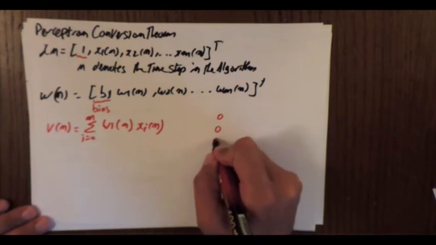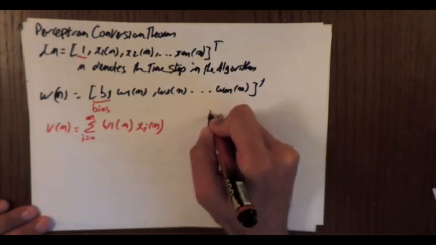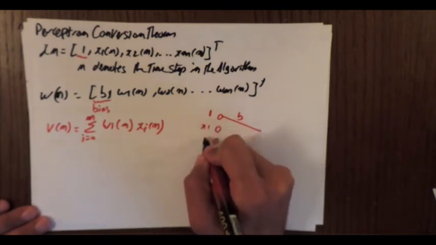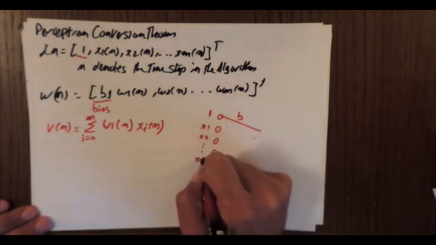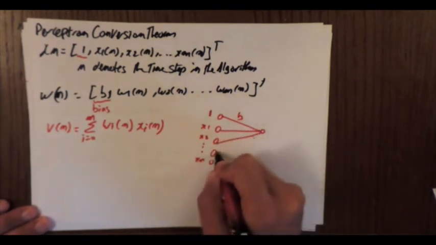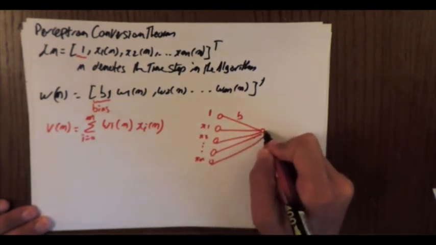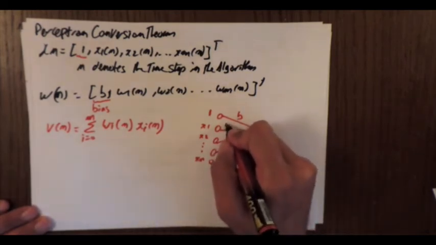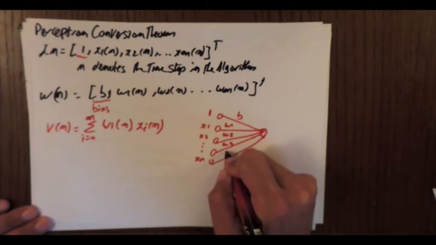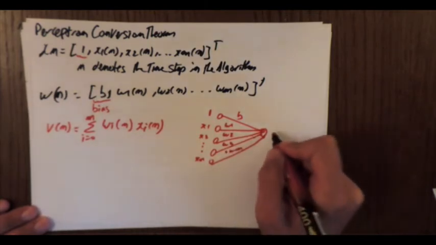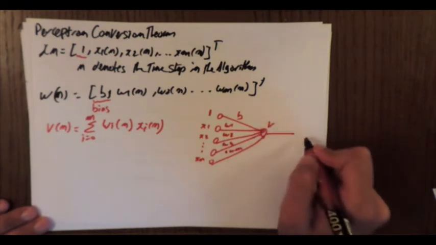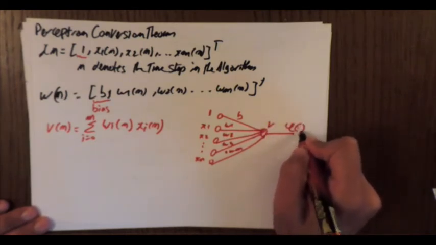So we have the axis. This is the bias, and this will be b. This will be x1, x2, all the way to xm. Of course, I have the weights W1, W2, W3, Wm, and then we have V, and we apply the hard limiter.